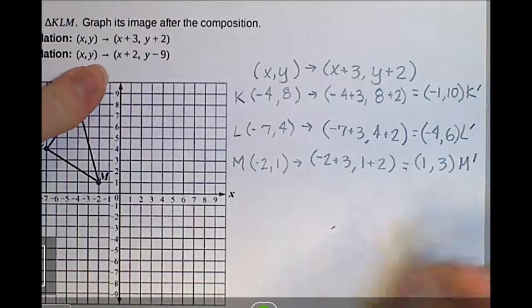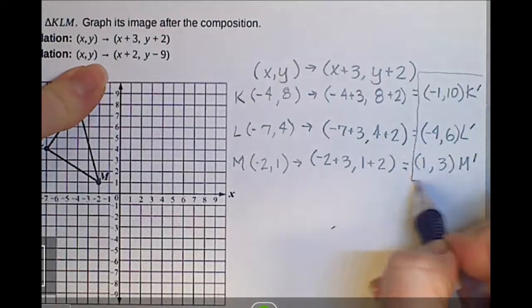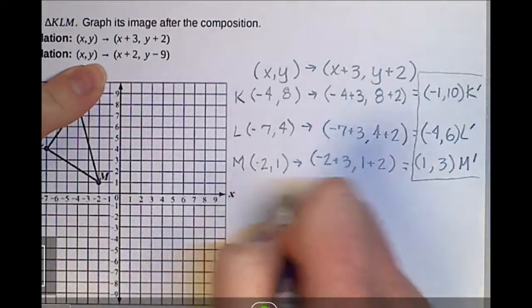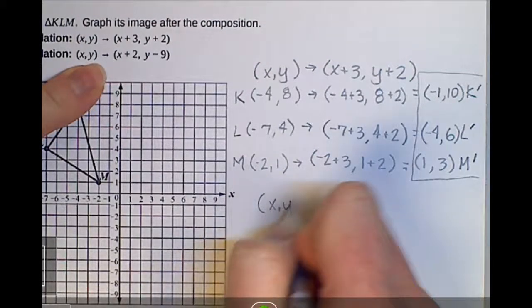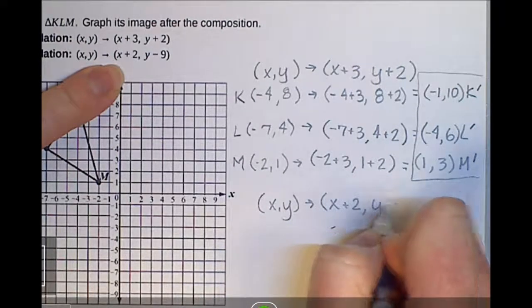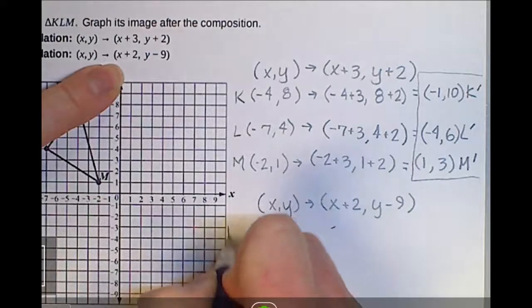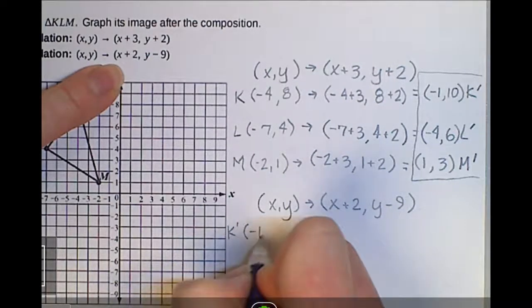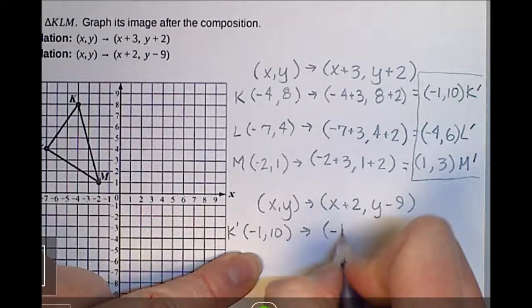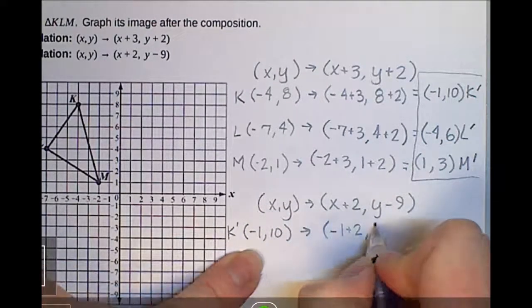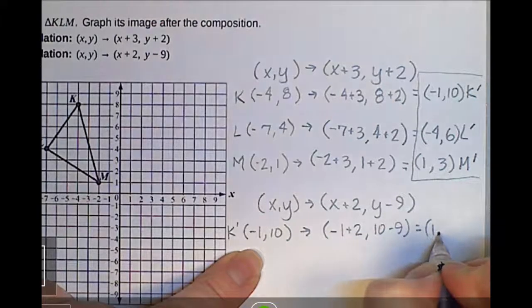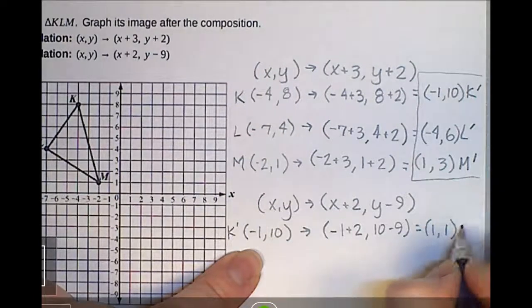Now we're going to take the new points, our primes, and apply the second translation, which is XY yields X plus 2 and Y minus 9. K prime is negative 1, 10, and that gives us negative 1 plus 2 and 10 minus 9, or 1, 1 for our K double prime.